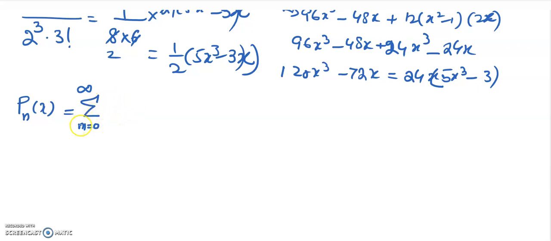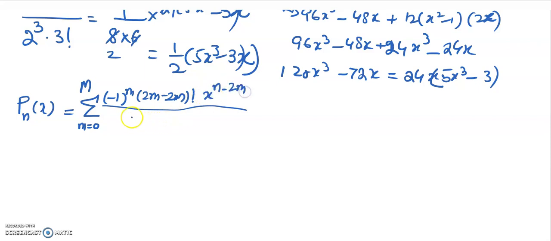So it is the sum from m equals 0 to capital M, of minus 1 power m, multiplied by (2n minus 2m) factorial, into x power n minus 2m, divided by 2 power n into m factorial into (n minus m) factorial, into (n minus 2m) factorial. Okay, so you can see so many terms involved.